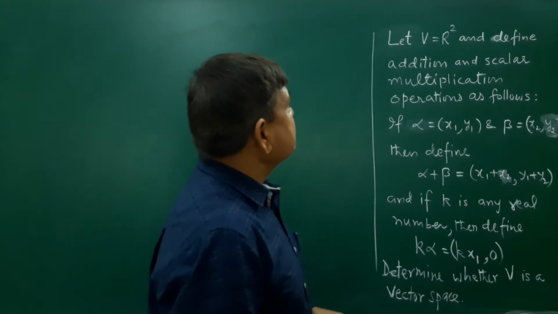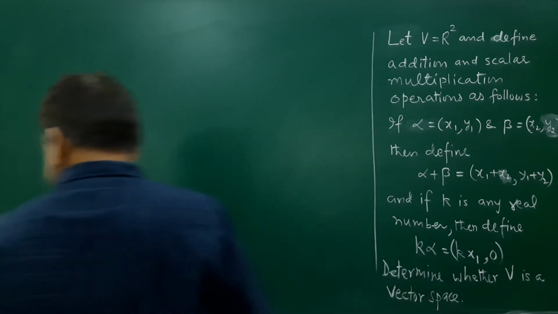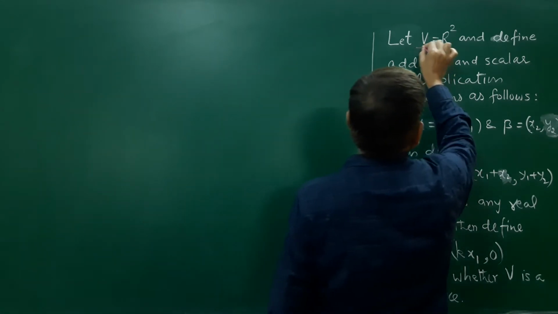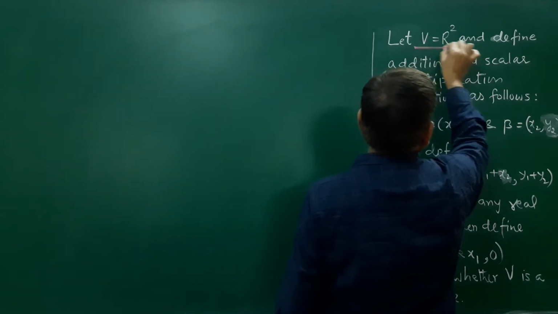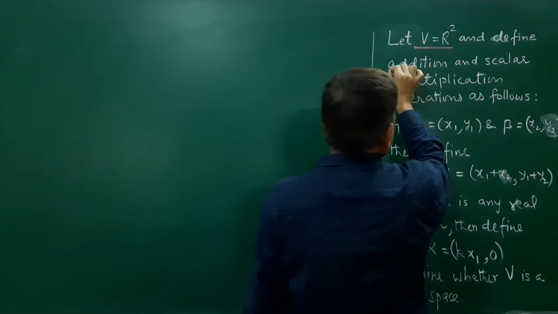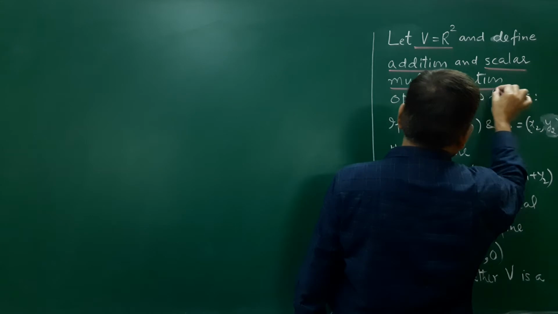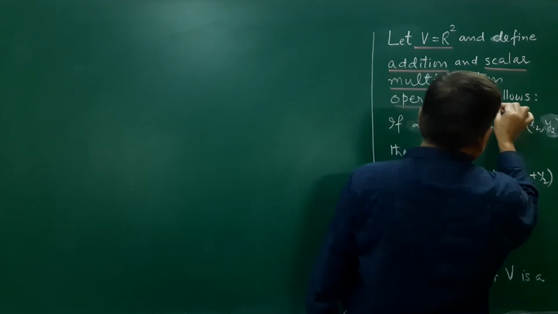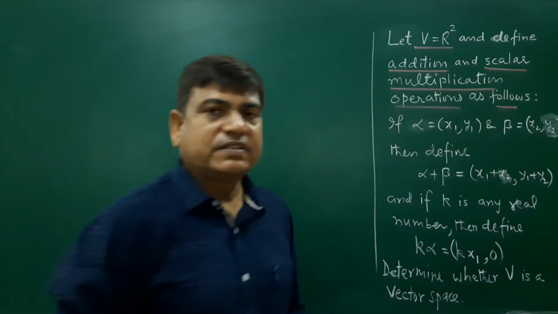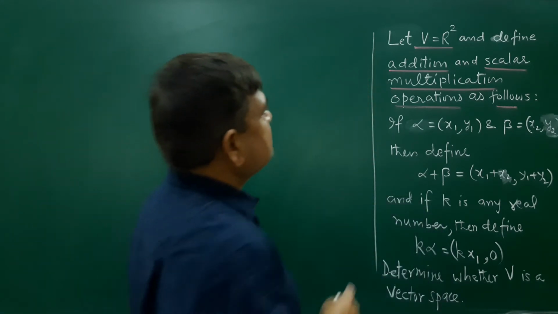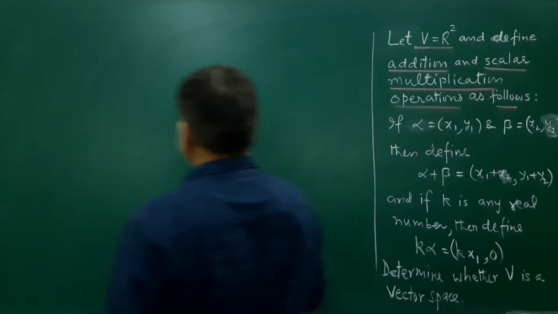If you look at this, let V equal R square and define addition and scalar multiplication as follows. Yesterday I explained what is the meaning of R square.